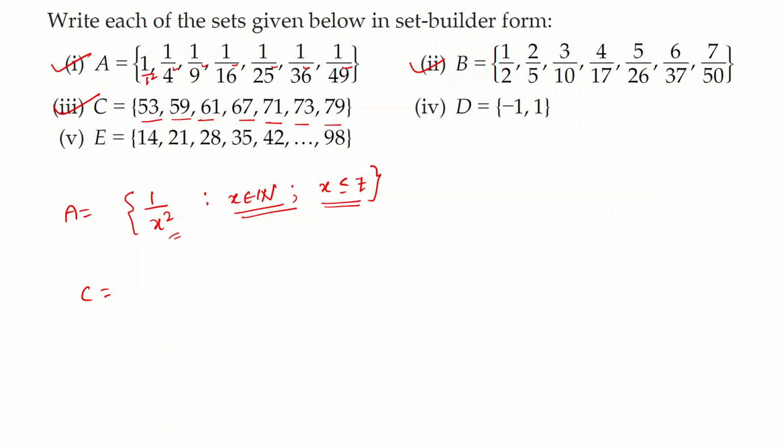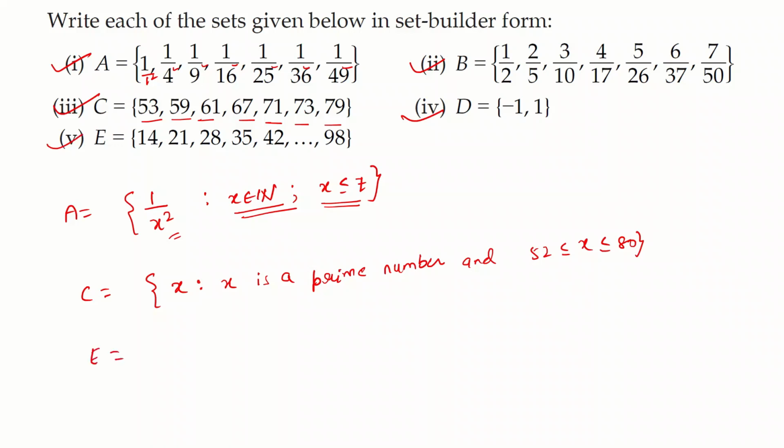Okay, so we write down the set of all those x's where x is a prime number and x lies between 52 and 80. Okay, so this is how we write down this set in the set builder form. Now question number 4, I leave it to you as an exercise, and we take question number 5.